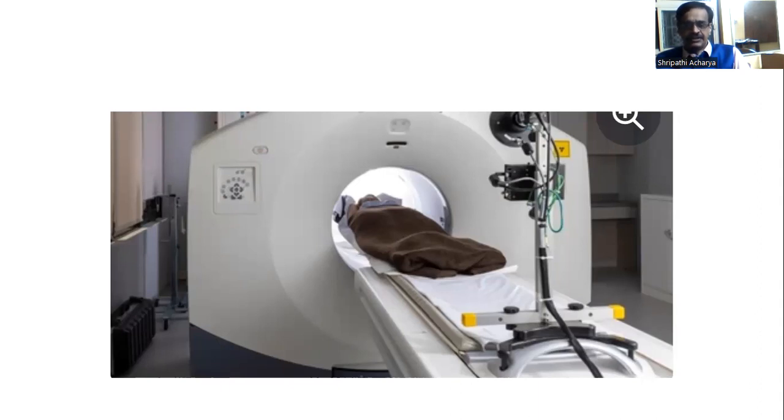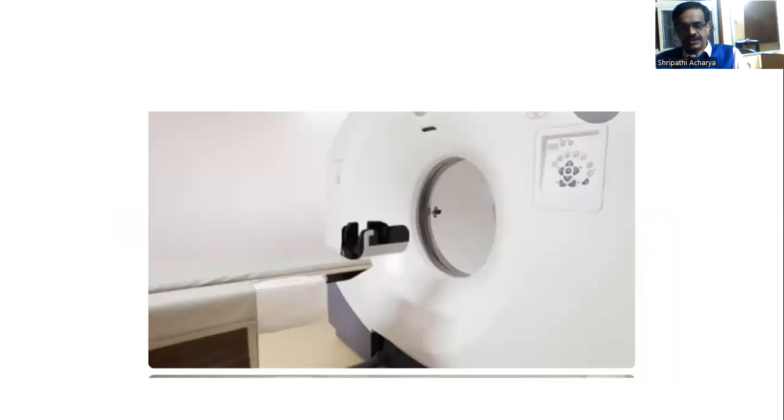The detectors are arranged circularly around the body, and they will detect the radioactivity, the positrons, and the signals are sent to a computer monitor, and it is analyzed, and a picture is generated. This is the instrument, PET scan.